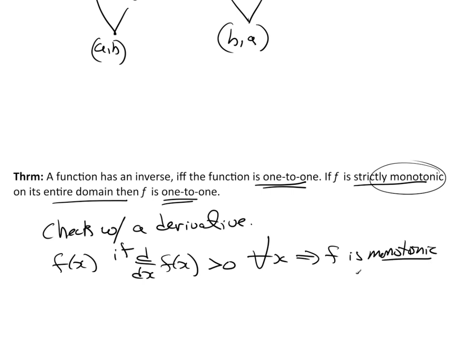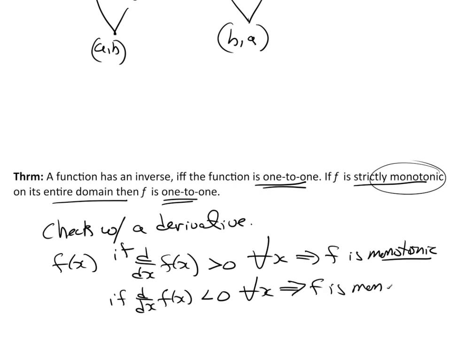Specifically, f is monotonic decreasing if d/dx of f of x is less than 0, in other words negative, for all x on that domain. Then f is also monotonic. This is monotonic increasing, this is monotonic decreasing. So by checking what's happening with the first derivative, we can determine where the function is monotonic, which in turn helps us figure out if it's going to have an inverse.